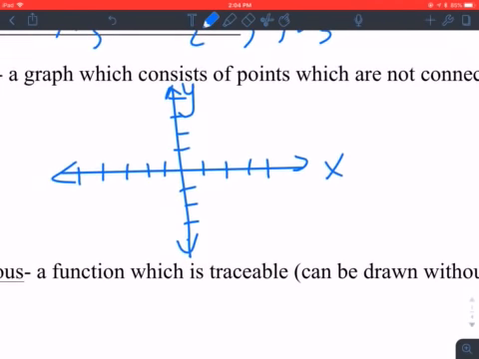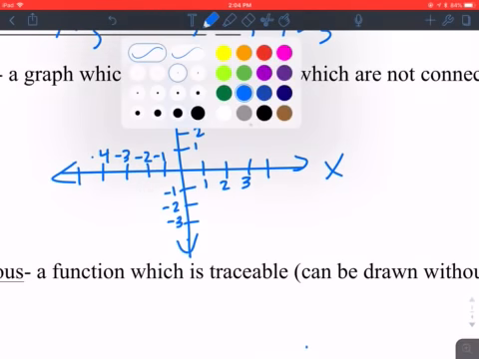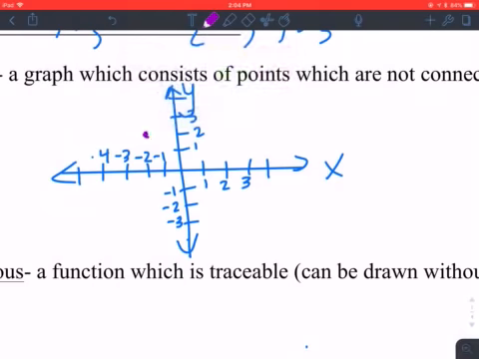And I'm going to label this. Okay, so we've got a point at (-2, 2). I'll go ahead and draw that in purple.